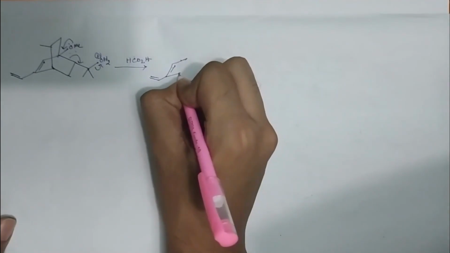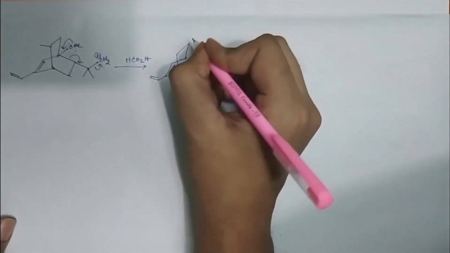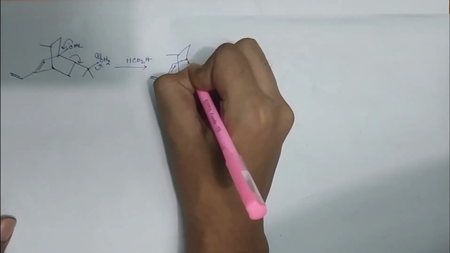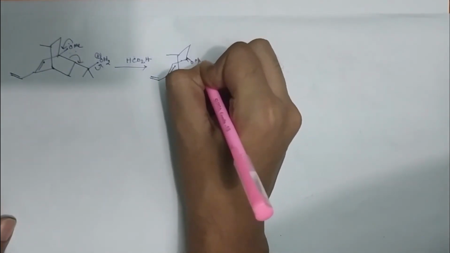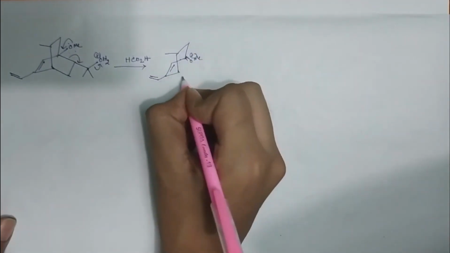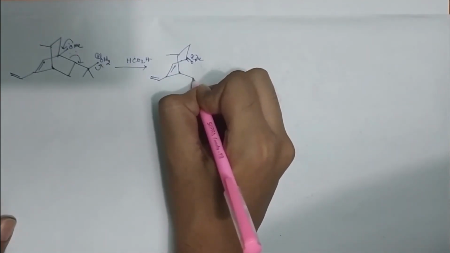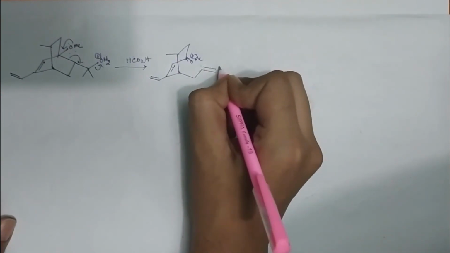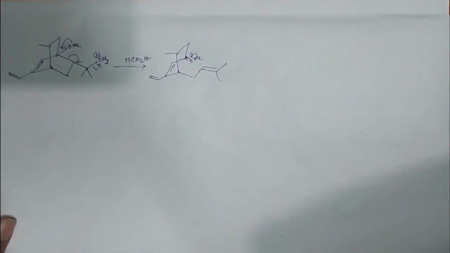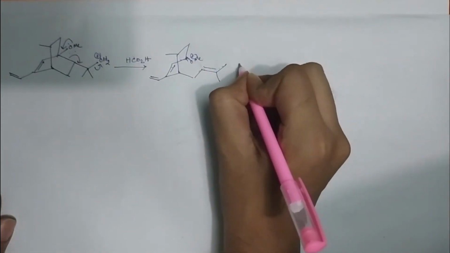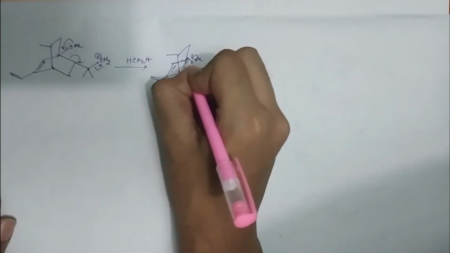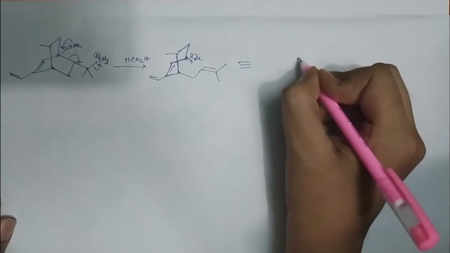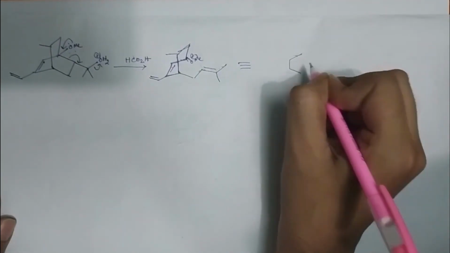For simplicity, we will first write the exact ring with the modifications, which is that a double bond will be formed. This part is intact, and this part is then double bond connected. So we can rewrite this. You can see that this is a 6-member ring.